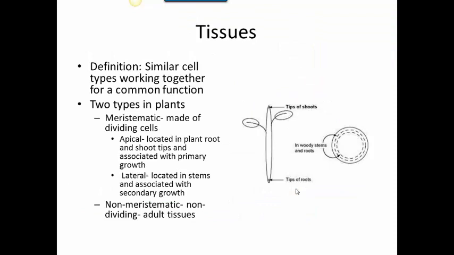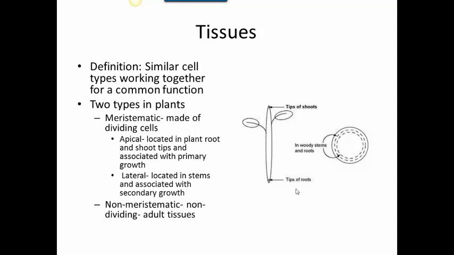Okay, so I want you to be familiar with the features of plant cells that we just talked about, including the cell wall, the central vacuole, the mitochondria, the nucleus, and the chloroplast. I also want you to be familiar with plant tissues. So tissues are similar cell types working together for a common function.